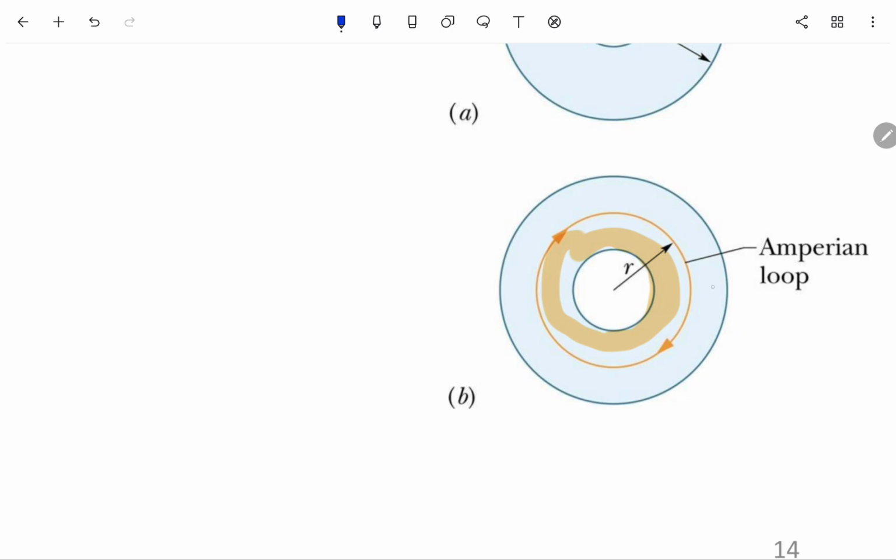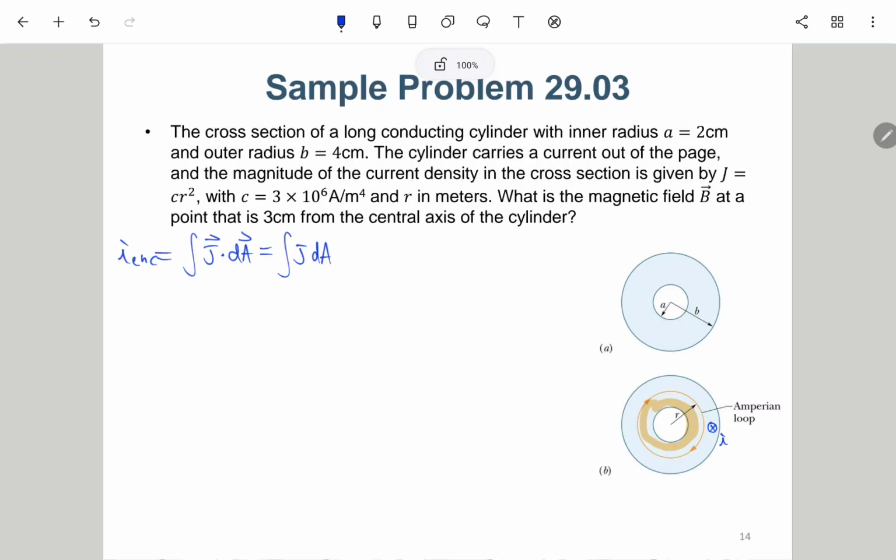We can also assume that the I should be pointing into the page, so that it matches the direction of the right-hand rule. So that it will make everything positive.